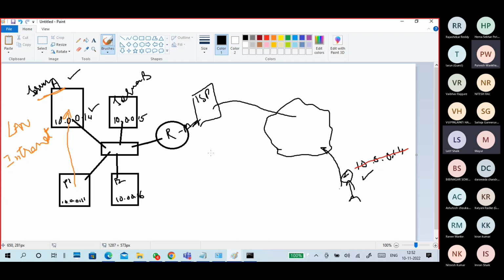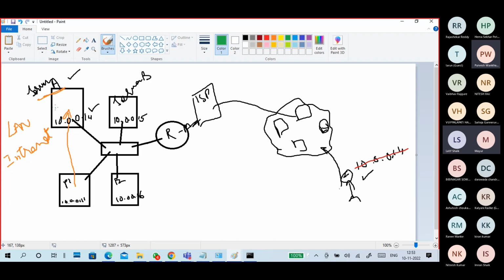Okay, next one. So the point is where I'm located. To get this server A accessed by this person, the server should be assigned a public IP.